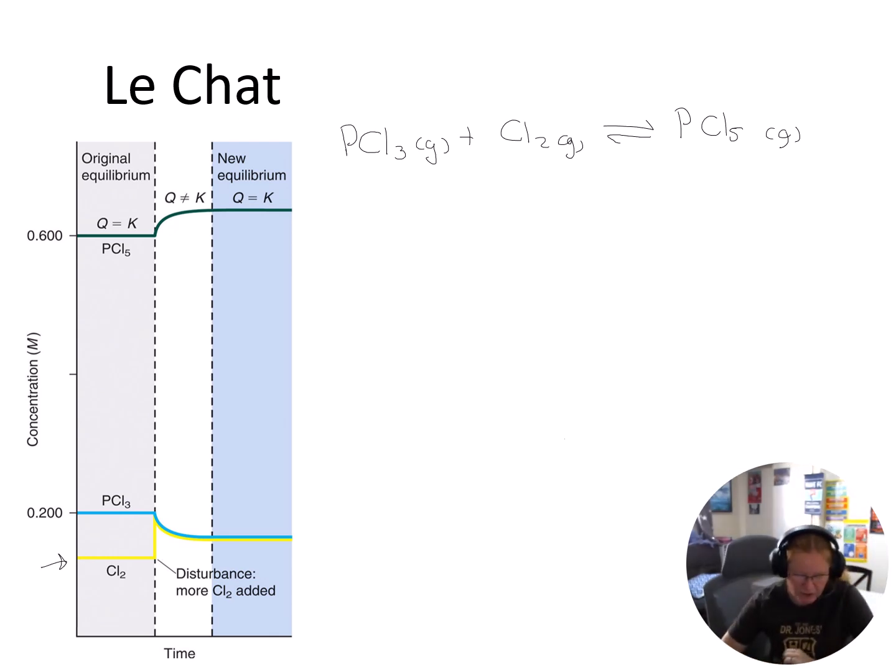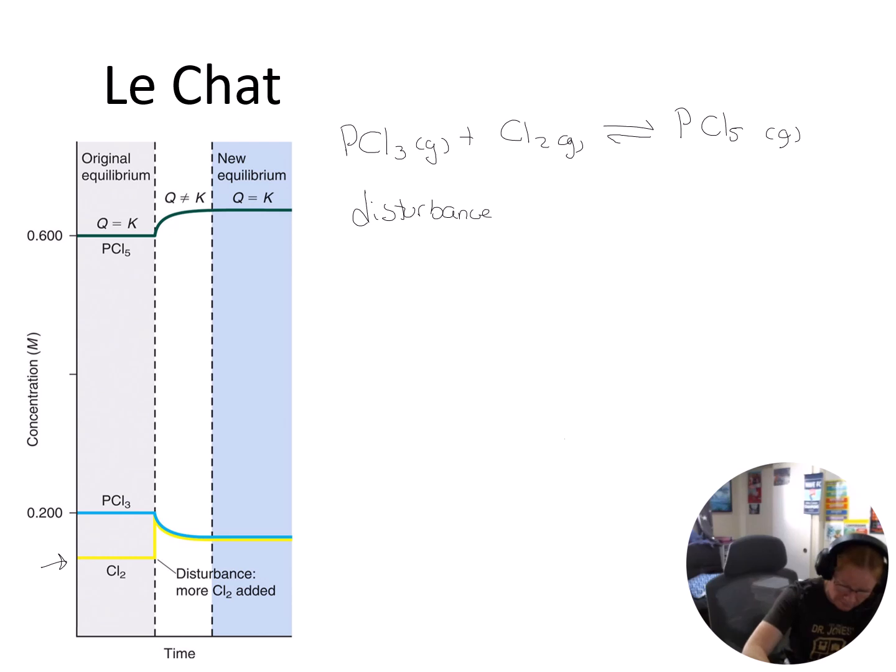I am going to disturb my system. I'm going to add some chlorine gas, okay? Now chlorine is a reactant, so what I'm adding is a reactant or a product. I am adding a reactant.